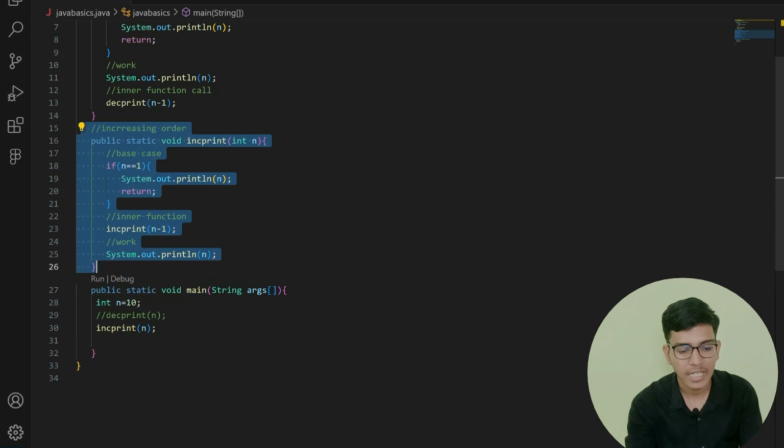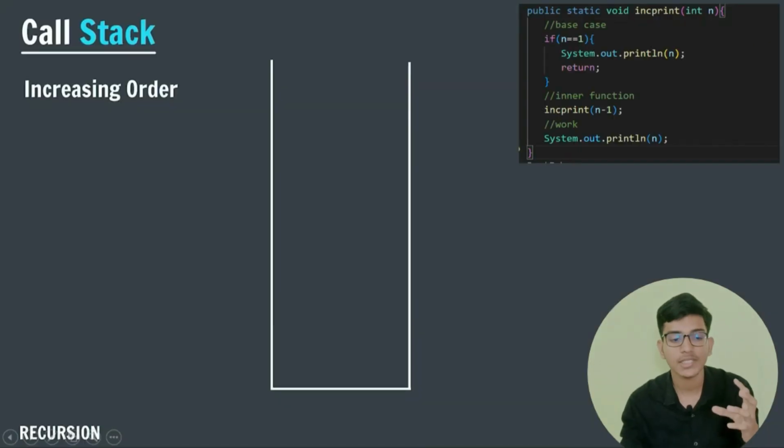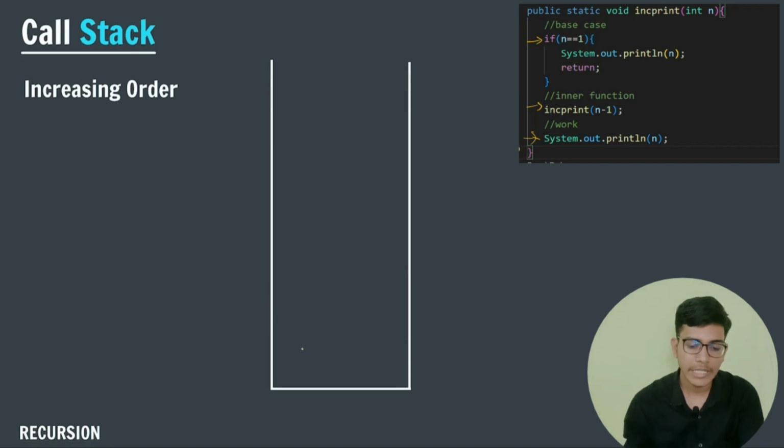Now let us solve our next question. Let us do a stack analysis and understand how the function calling takes place in our program. This is my base case, this is my inner function calling, and after it this is the work I am doing. Let us consider that this is my output.